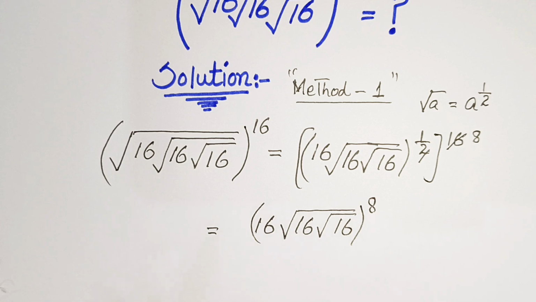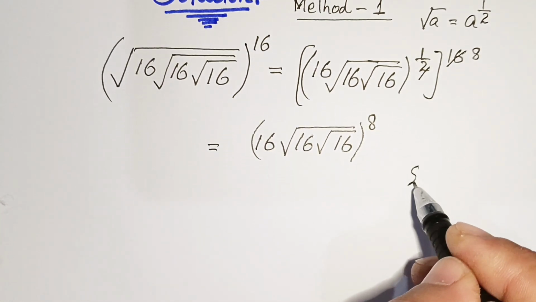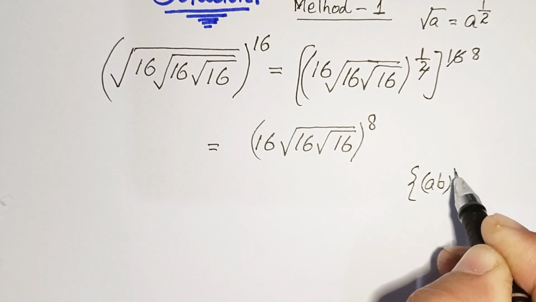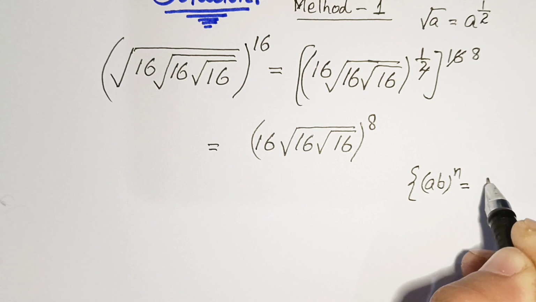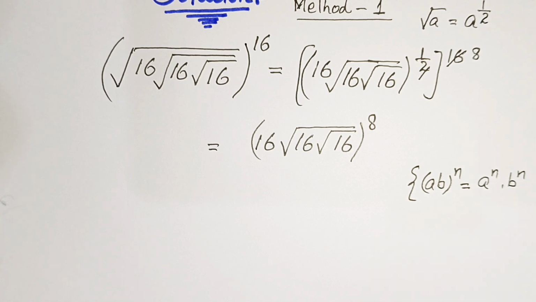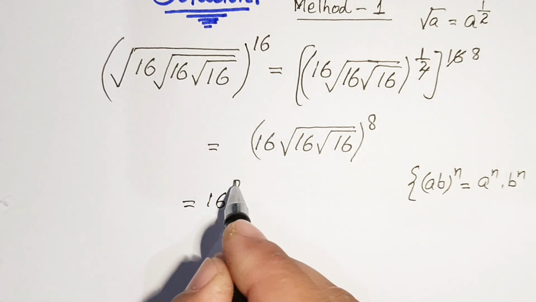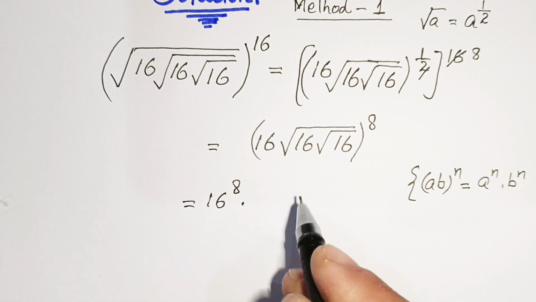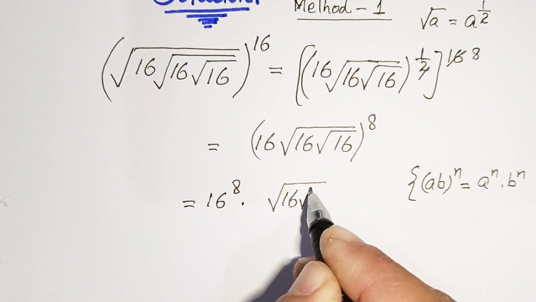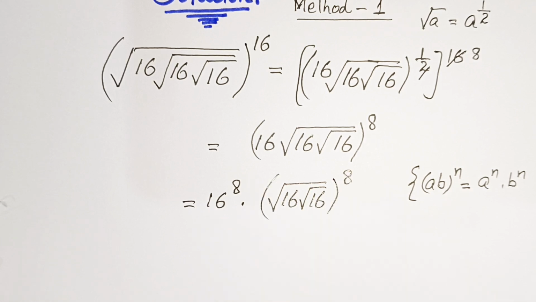Now as we know by the exponent identity, if we have a to the power of a times b whole to the power n, then it can be written as a to the power n times b to the power n. So here we have 16 to the power 8 times square root of 16 times square root of 16 whole to the power 8.